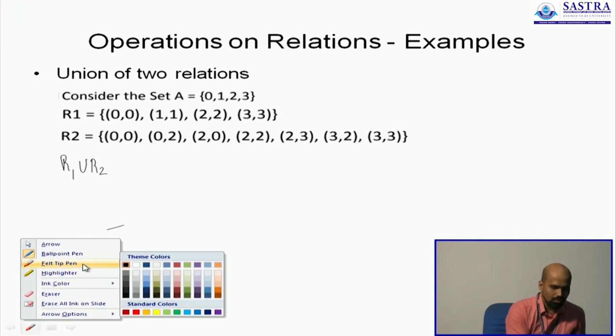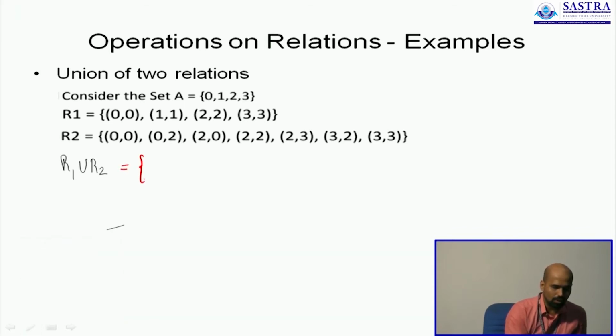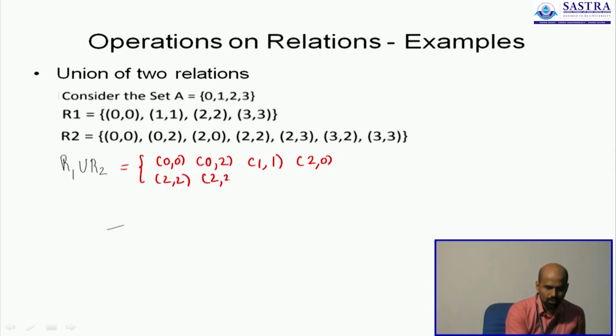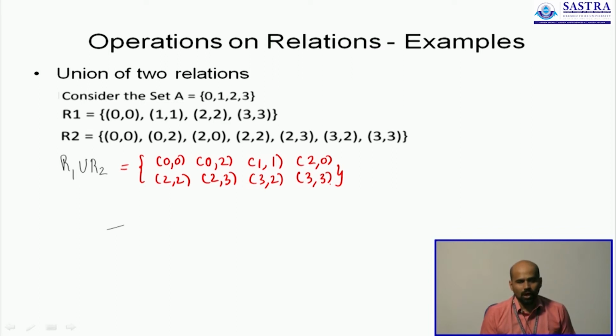So this will have these ordered pairs: (0,0), (0,2), (1,1), (2,0), (2,2), (2,3), (3,2), and (3,3). All ordered pairs are counted here. We just avoid repetitions, so we'll have 8 elements in all. Even though we have 4 in R1 and 7 in R2, we'll have 8 pairs in the union.